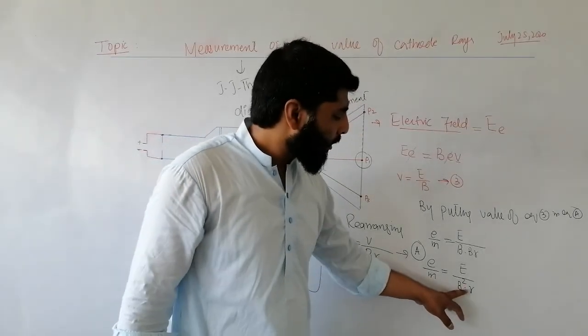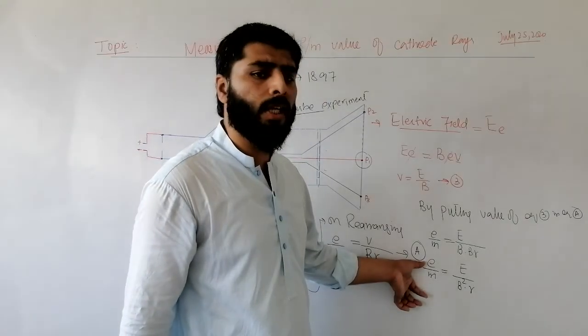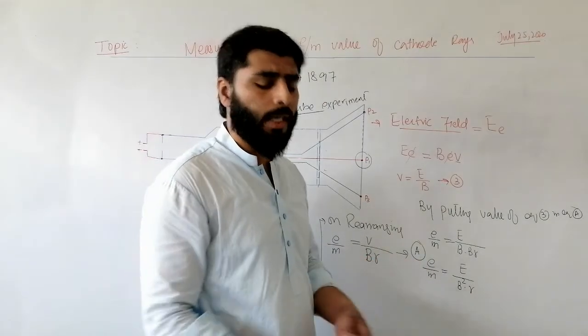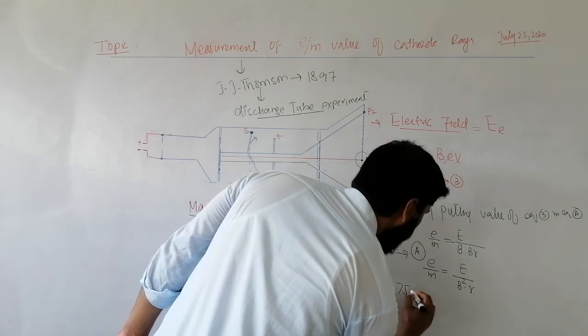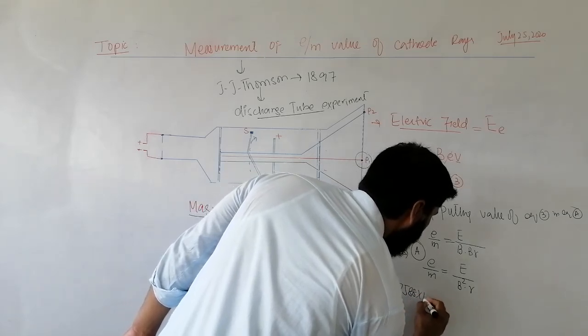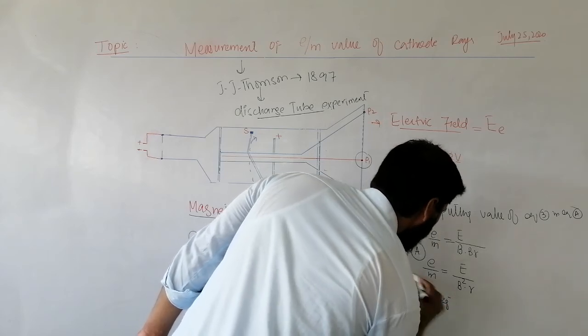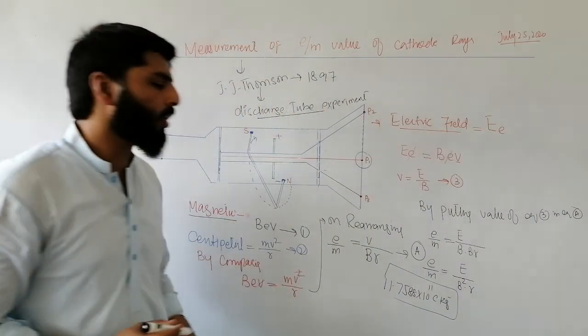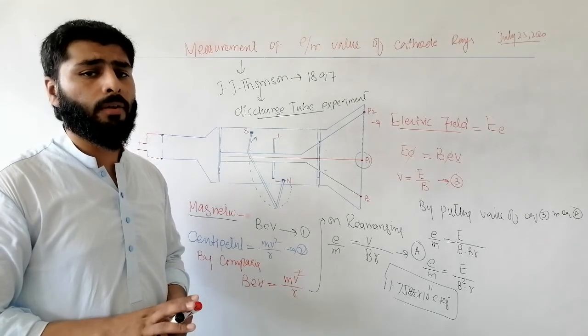By knowing the radius of the circular path, he found the value of charge to mass ratio, and he calculated the value as 1.7588 into 10 raised to the power 11 coulombs per kilogram. This was the value of charge to mass ratio for an electron or cathode ray.